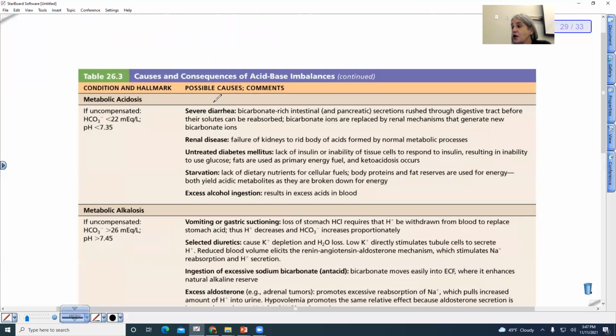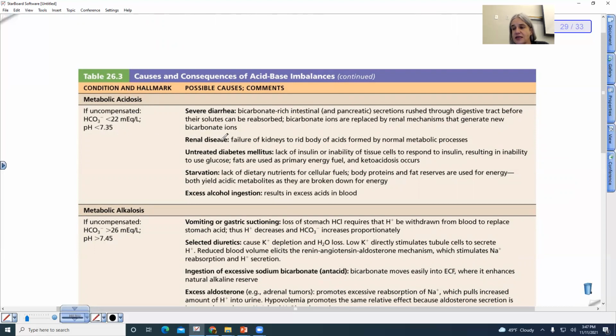If you have severe diarrhea, then you're going to be getting rid of intestinal juice and you're going to lose bicarbonate ions. And so that is going to cause metabolic acidosis. So the pH is going to go low. It's going to go below 7.35.